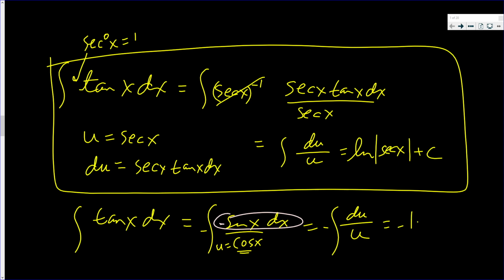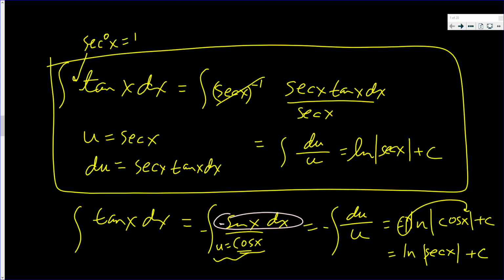So I get negative ln of u, where u is cosine x. But this negative 1 can go as the power. So I get ln of cosine x to the negative 1. But cosine x to the negative 1 is secant x, plus c. So in the end, I do get the same answer.